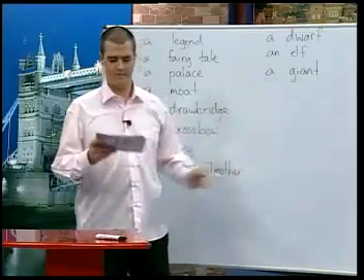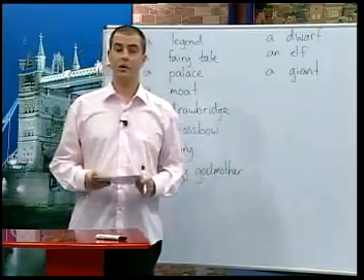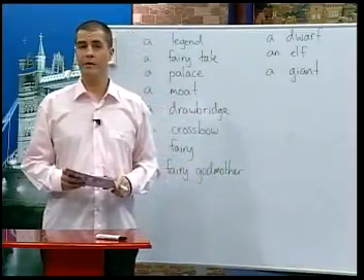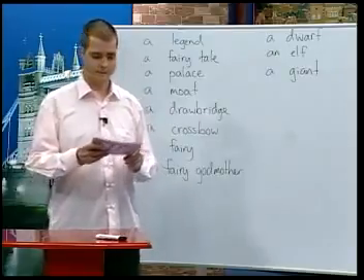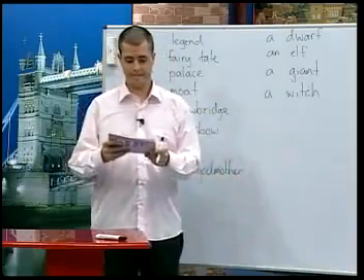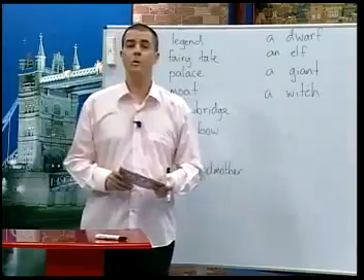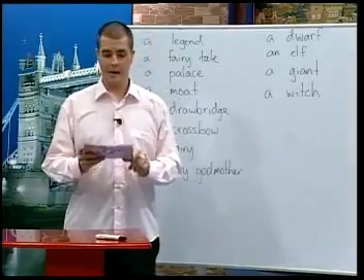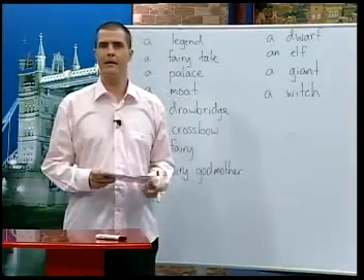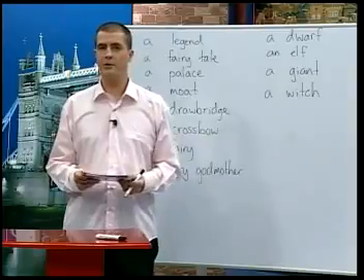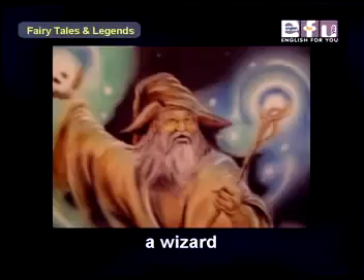A giant is a big, tall man, and he is often bad or cruel. A witch. A witch is an old woman who is supposed to have magical powers, especially to do bad things. And a witch rides around on a broom.